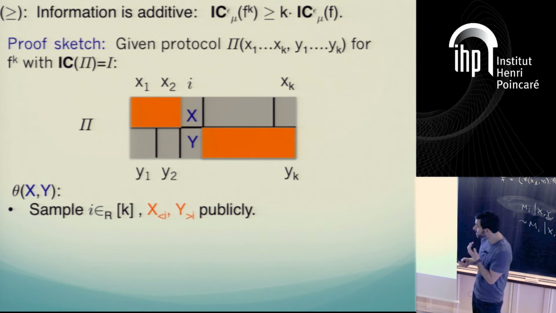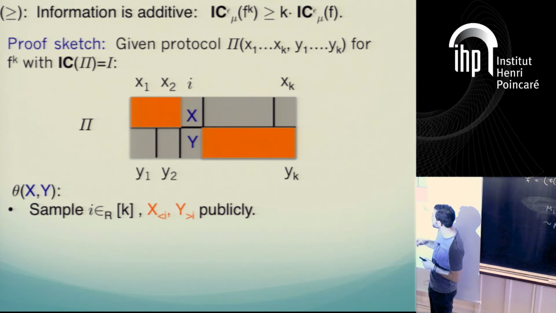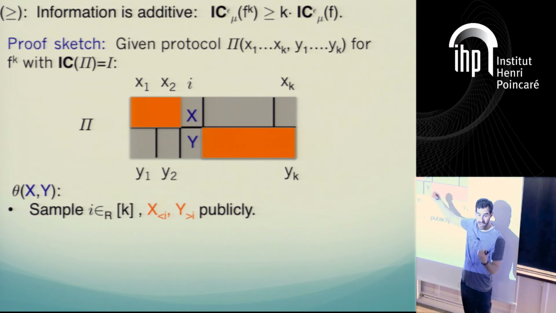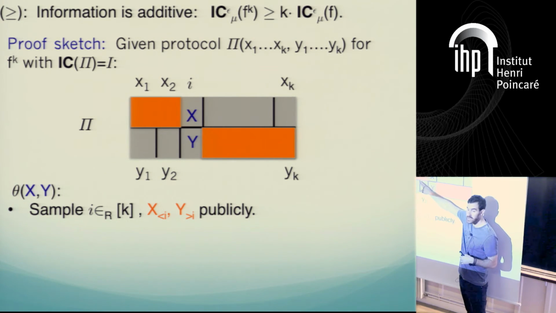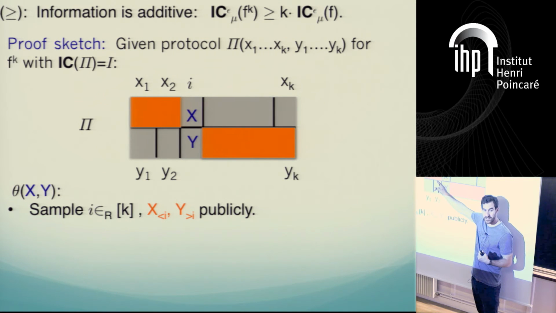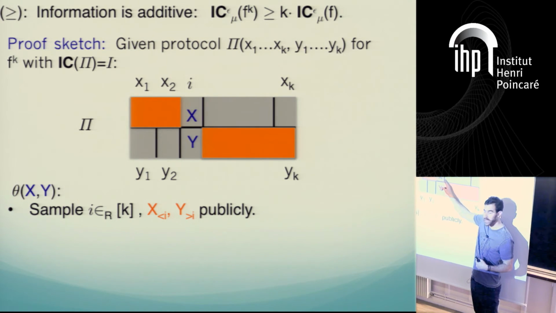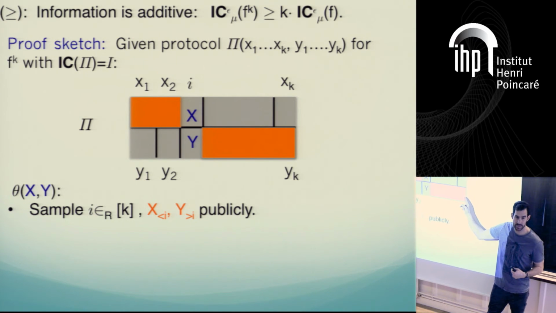The novel answer is that we actually combine both. What the players will do is sample publicly only Alice's inputs up to the index i, and only Bob's inputs from index i onward.